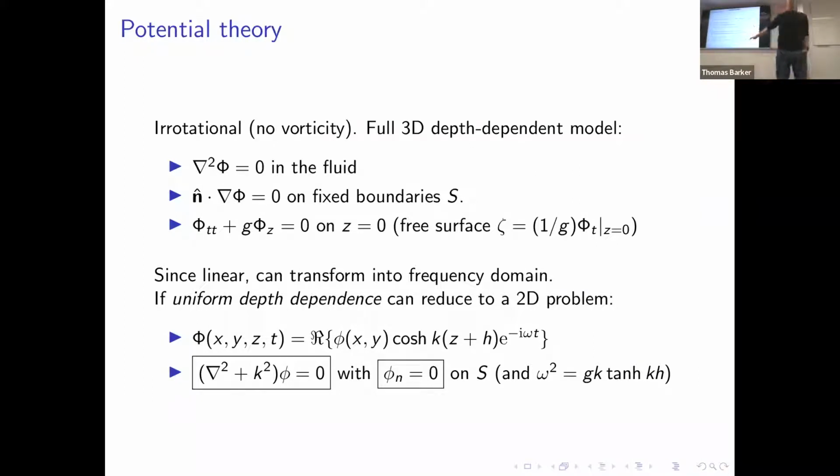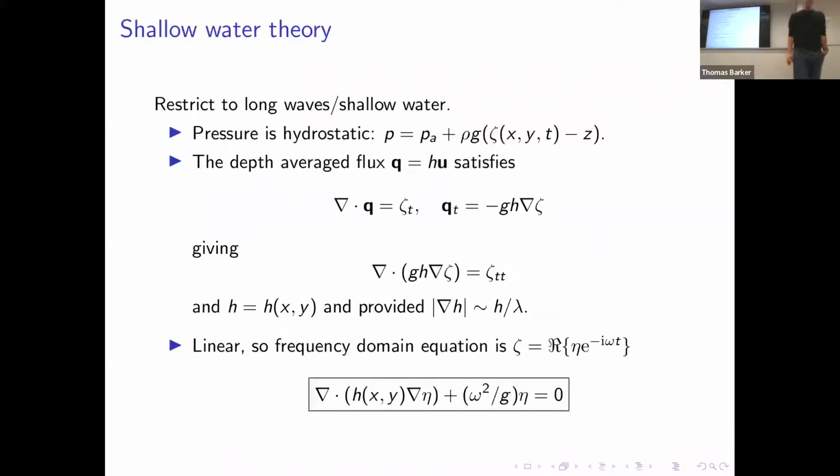And that's just a two-dimensional standard membrane or wave equation. So the ultimate simplification is that I've got down to this two-dimensional equation, if I assume that I have a flat ocean with things protruding uniformly through the depth.